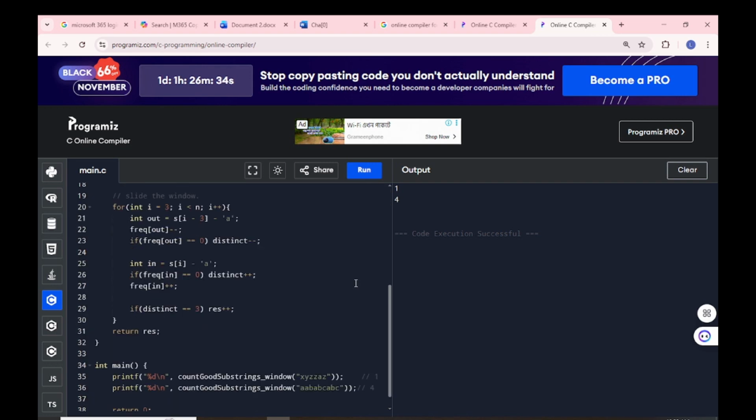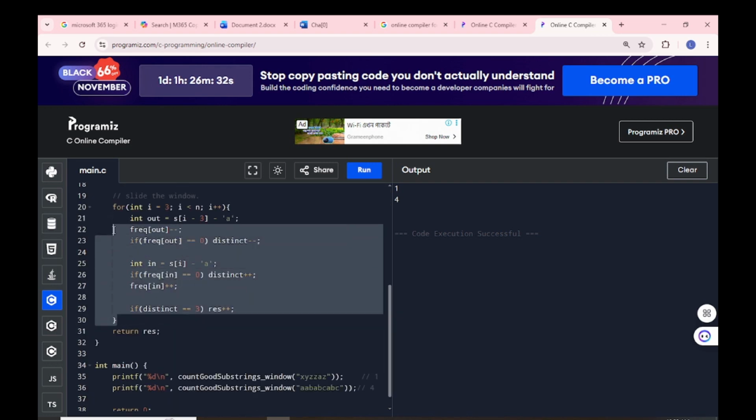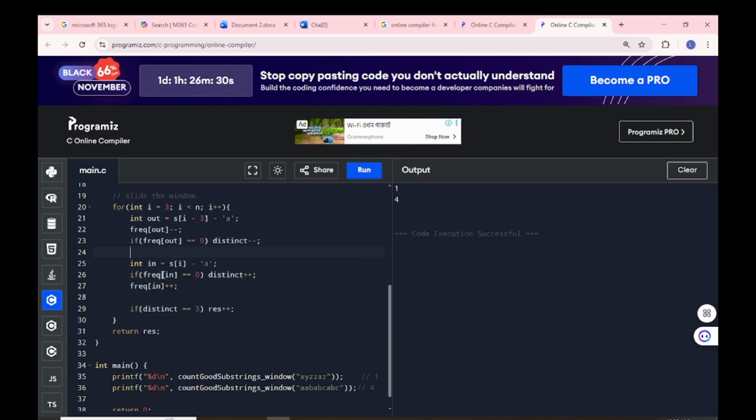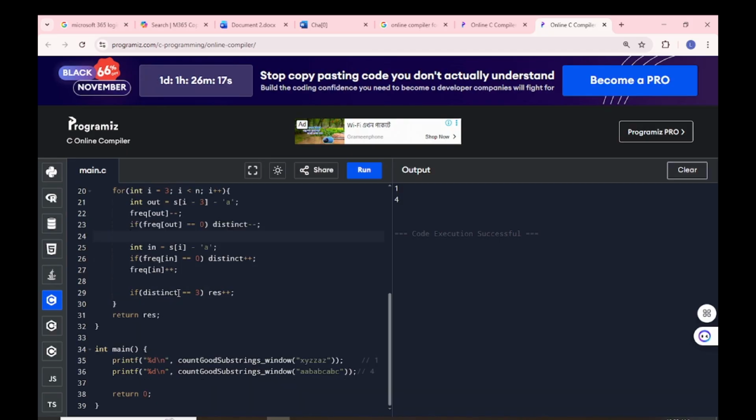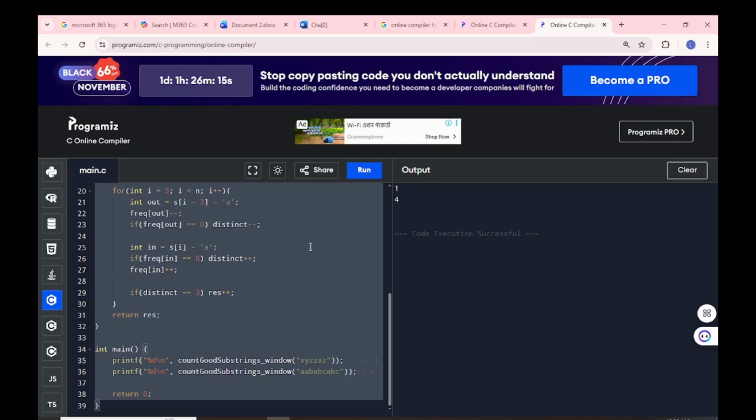So guys, we had some confusion with this. Okay, so we will try to simulate this program again. Then this would be clear to us. So let's just do it now.